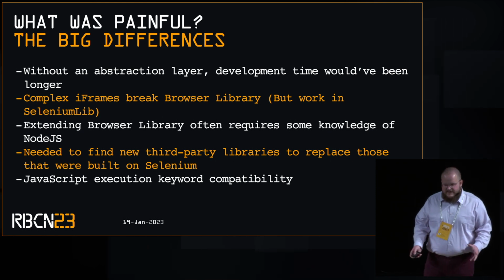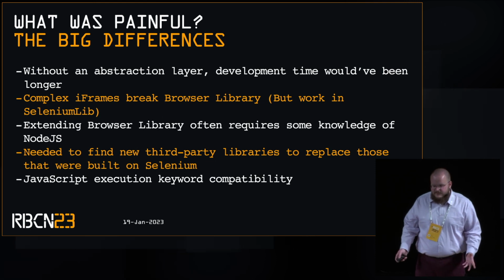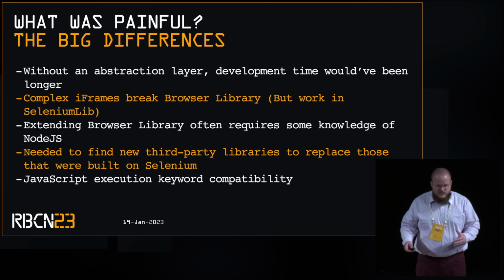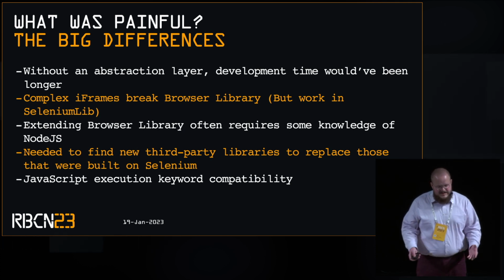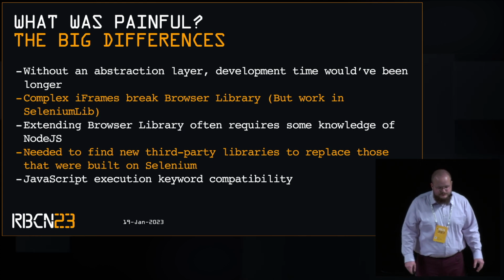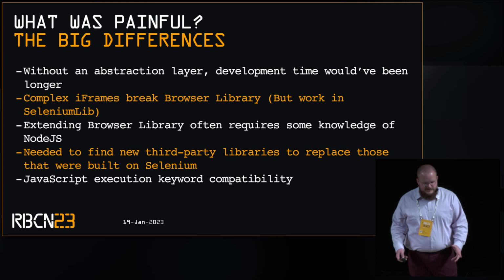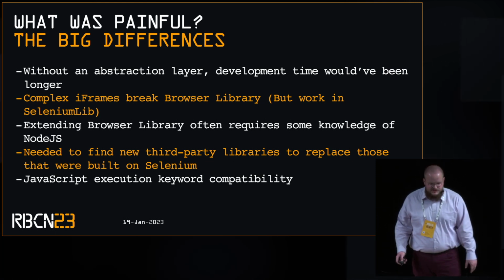If we want that same behavior, finding those libraries is not difficult. We still need to replace the code and make it more compliant with the implementations we intend to use. And our one-off JavaScript execution compatibility was a little bit of a challenge.